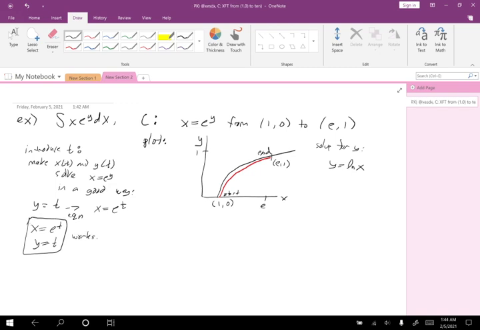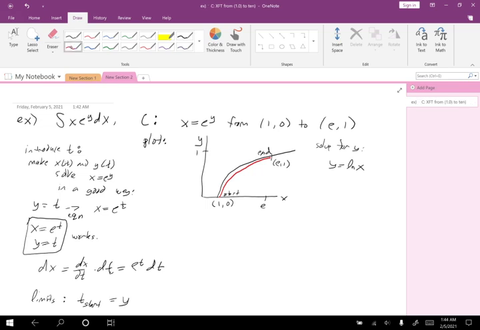Okay? And so now what we need to do is we need dx, and we also need the limits. So dx is easy because it's just dx/dt times dt, because we want everything in terms of t. So it's just e to the t dt. Okay, now the limits. t start is again y, right?